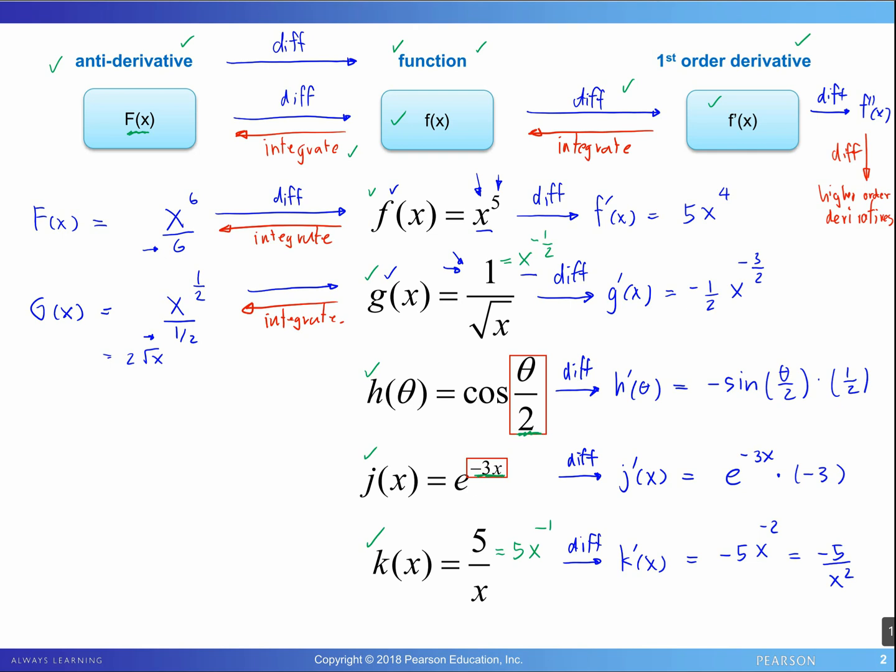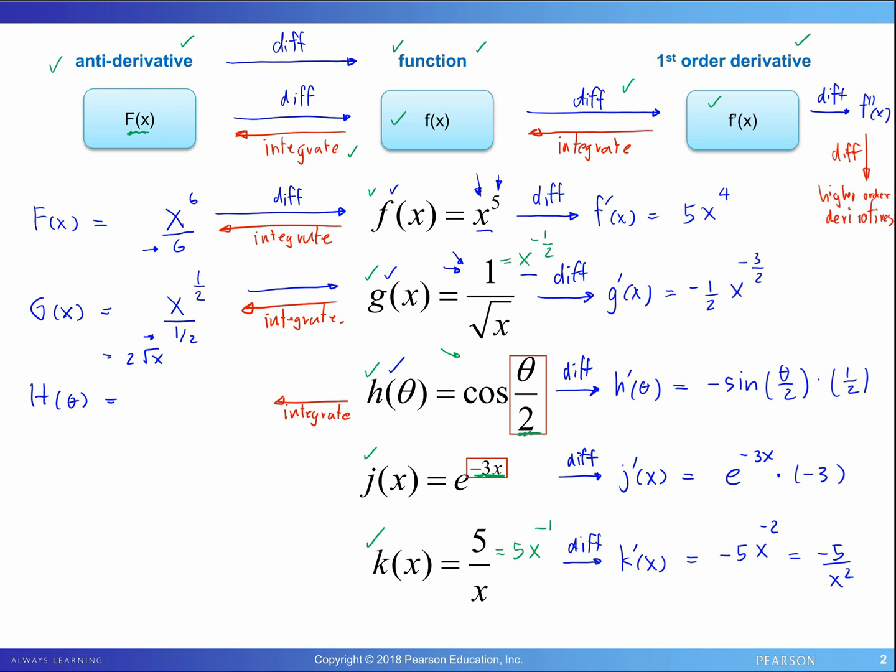Now moving on to the next function, h of theta. Let's find antiderivative of this function. Let's call it big H of theta equal to, now we apply the reverse logic, integrate this. What do we need to diff in order to get cosine of theta over 2?